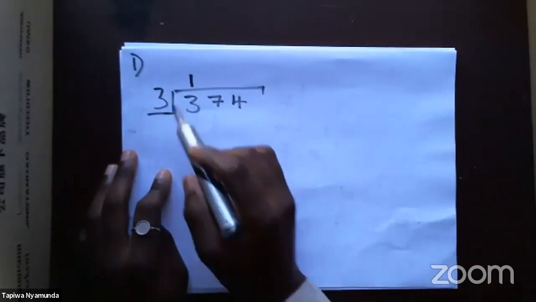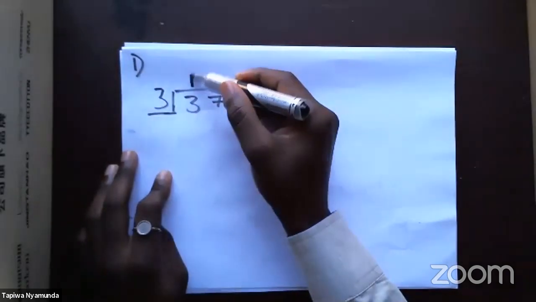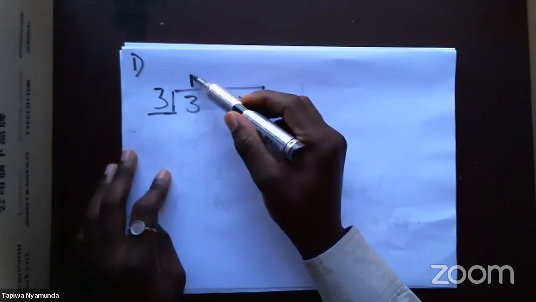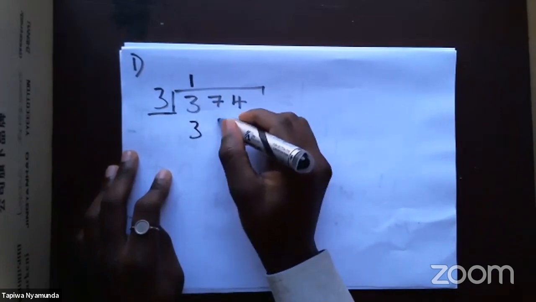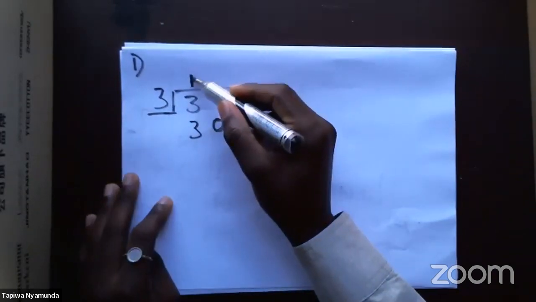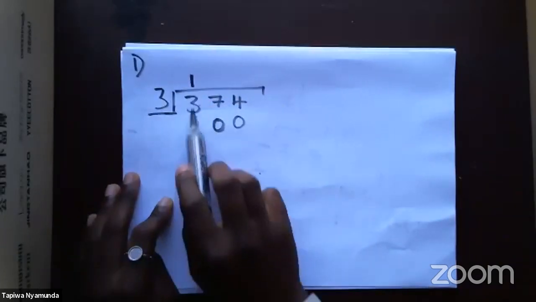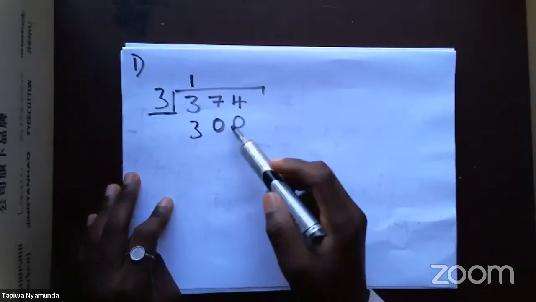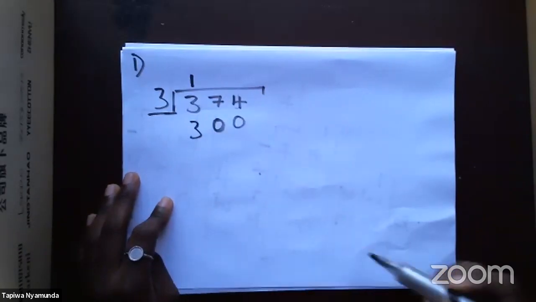Then I'm going to say 1 multiplied by 3, I get 3, which I write just underneath what I have divided, and replace the other numbers with 0, 0.